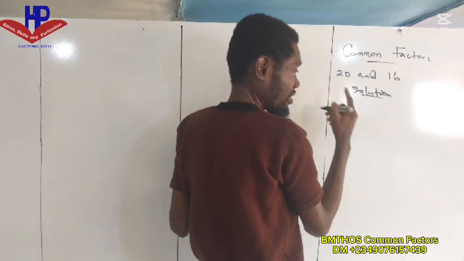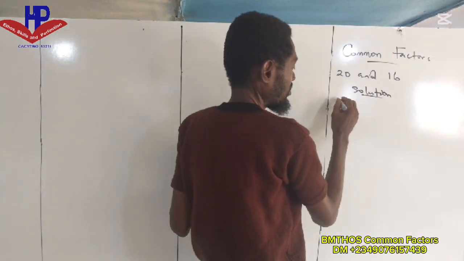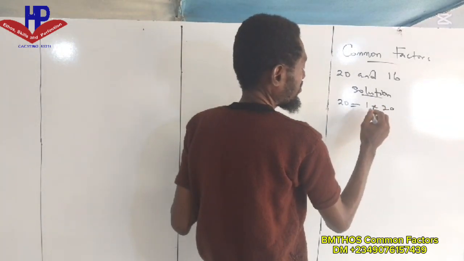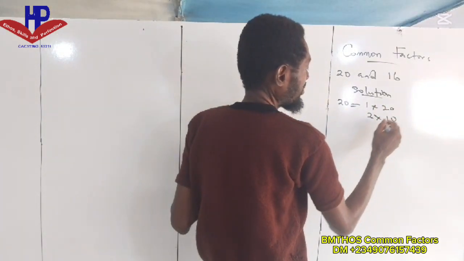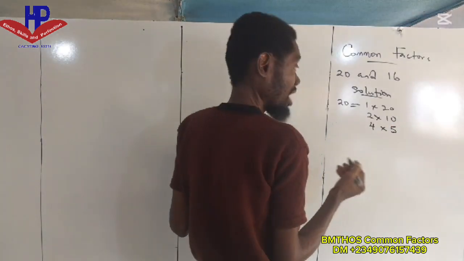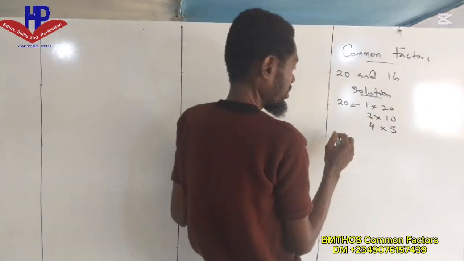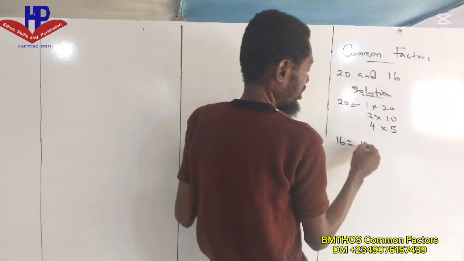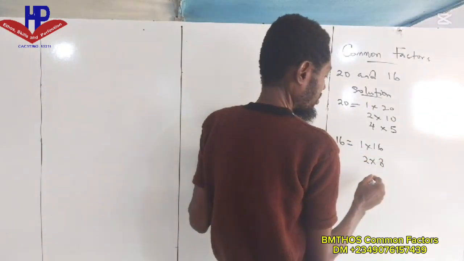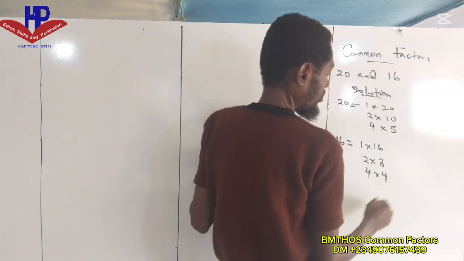I showed you in the previous class, 20 is 1 times 20, 2 times 10, 4 times 5. That is for 20. 16 is 1 times 16, 2 times 8, 4 times 4.